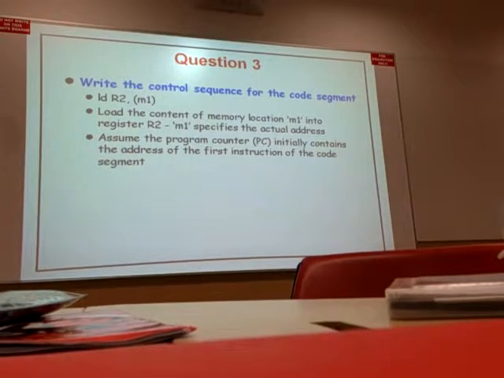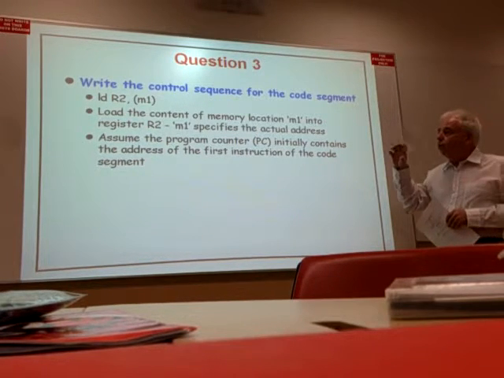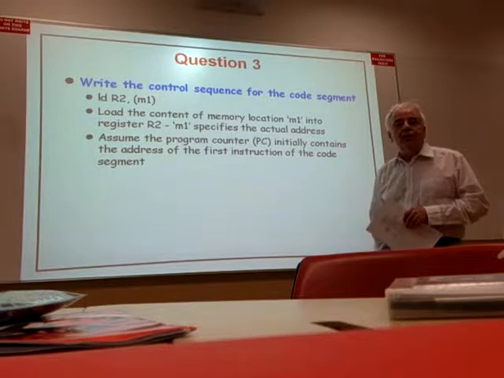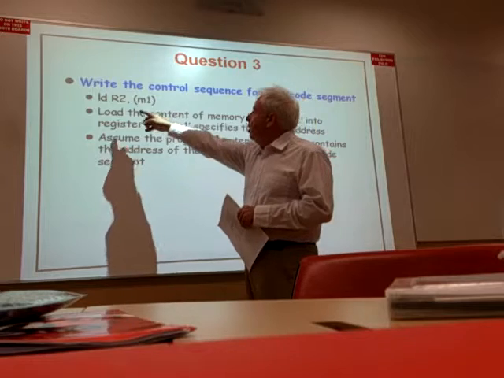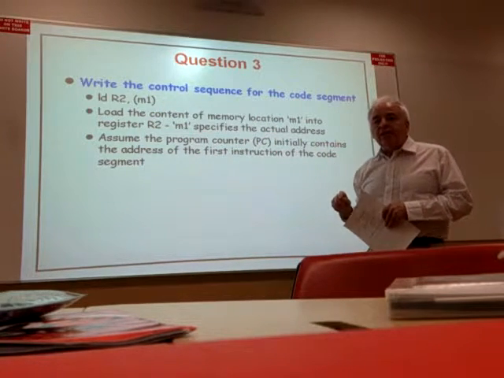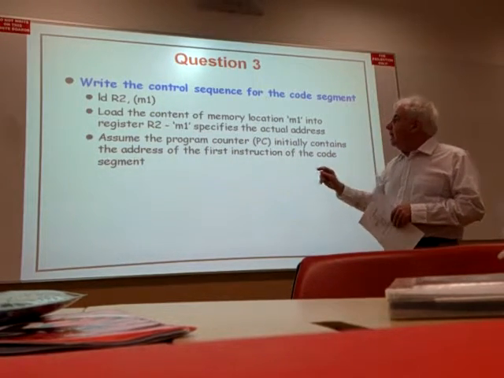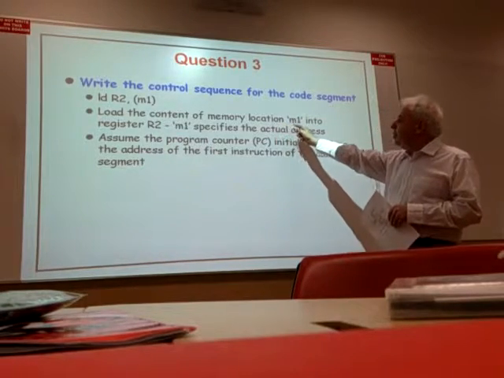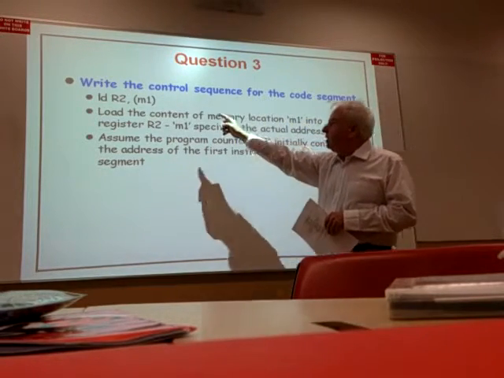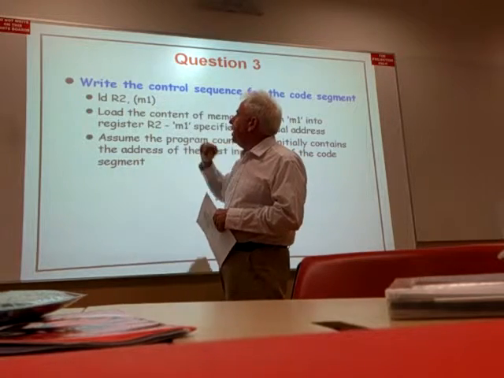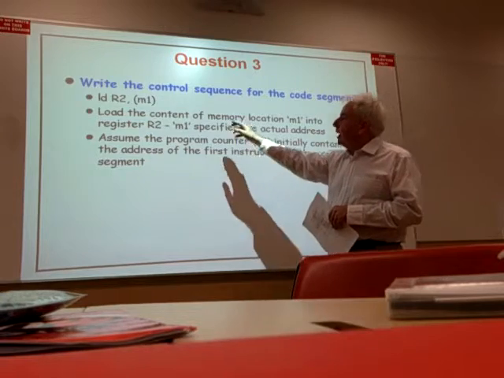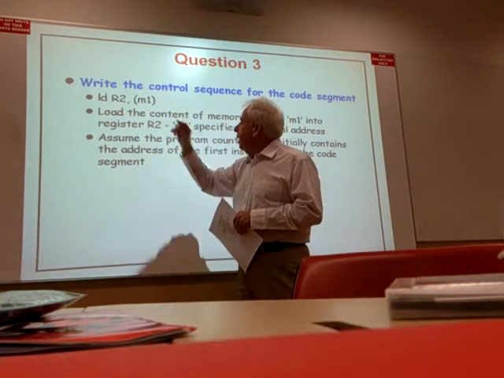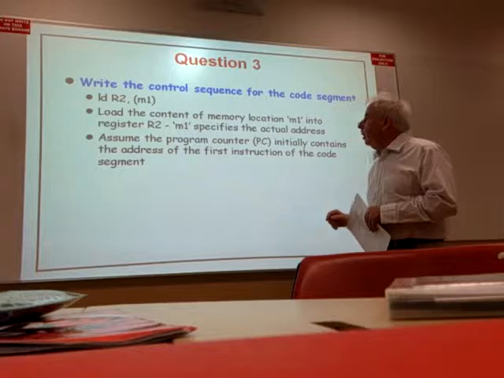We have to write the control sequence for this particular operation. What this operation does is take the memory location M1, which is specified in the instruction itself. We want to take the contents of that memory location M1 and load it into register R2.